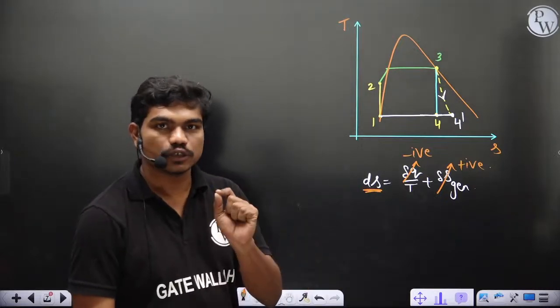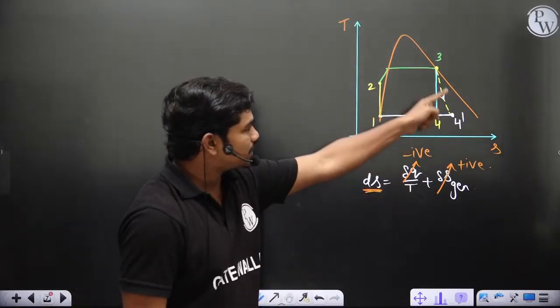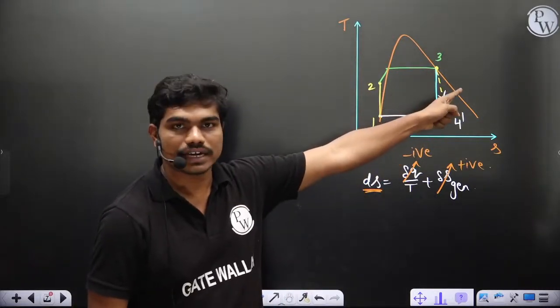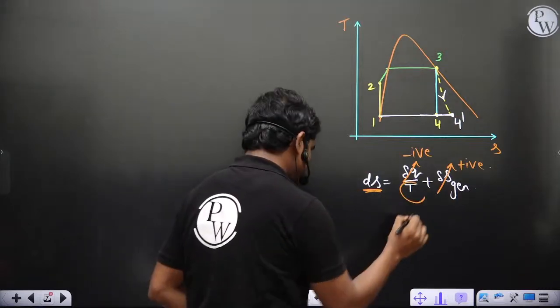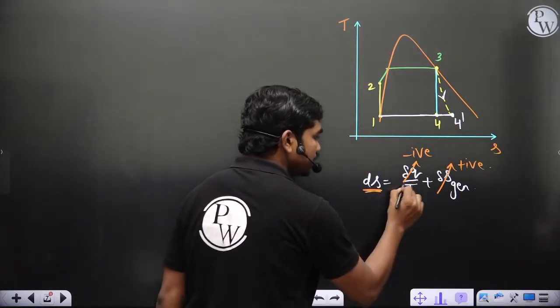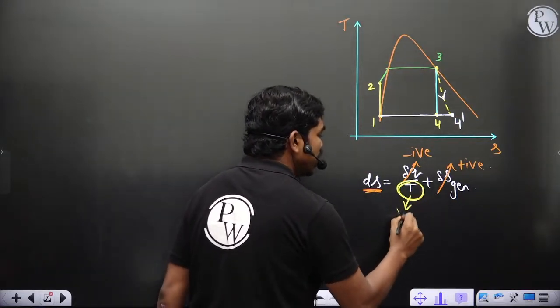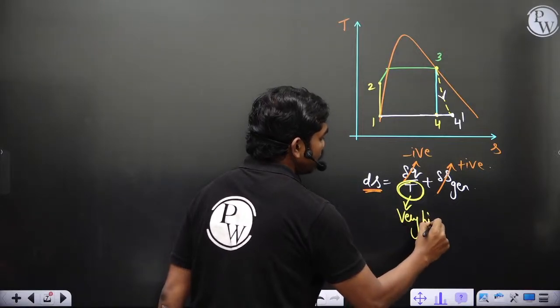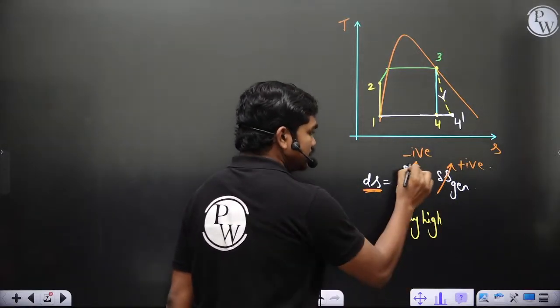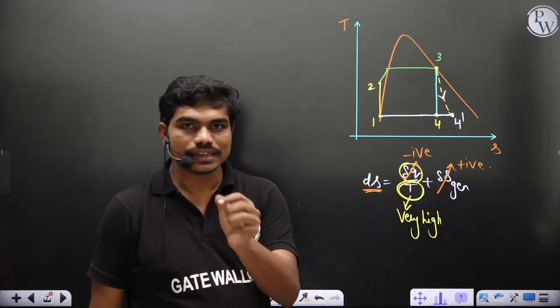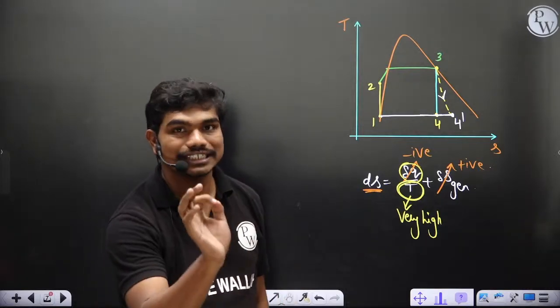But practically in case of turbines, the temperatures at which you deal with this gas will be very high. So T is very high, and this is del q. Del q, the heat rejection, happens because of losses, leakage losses.